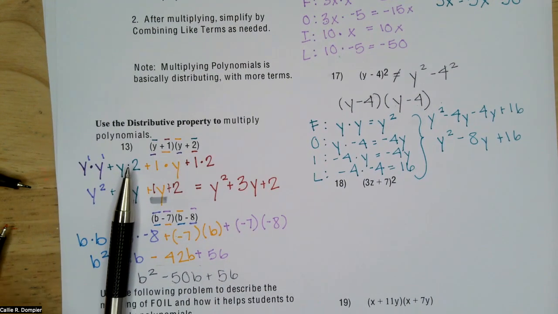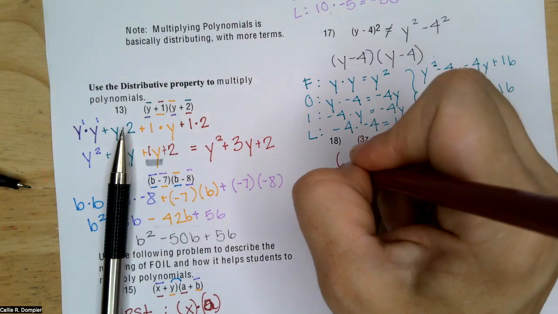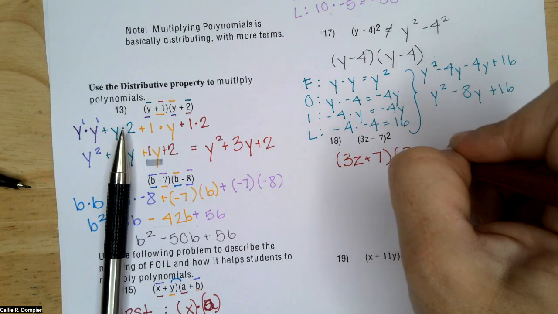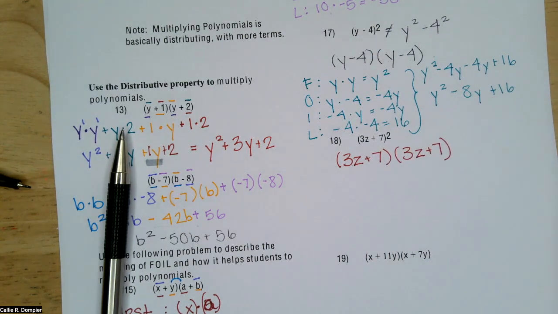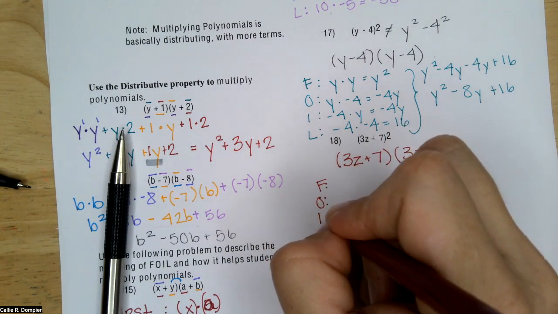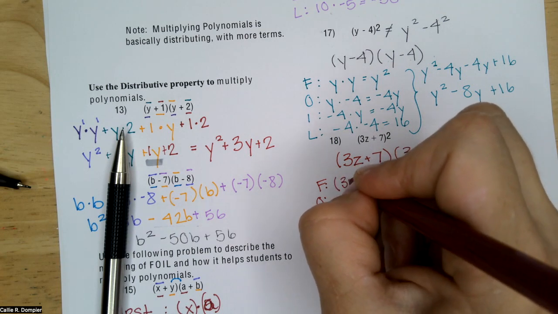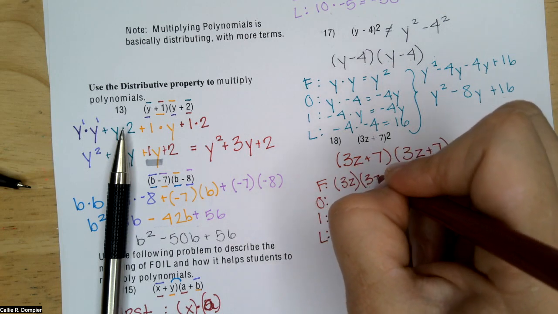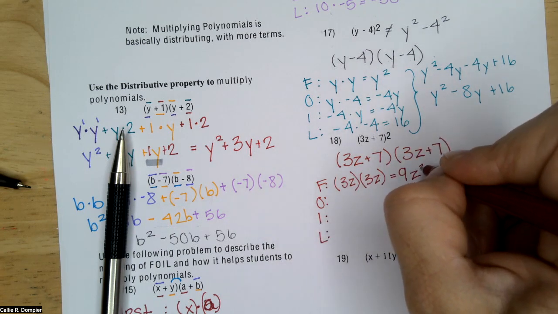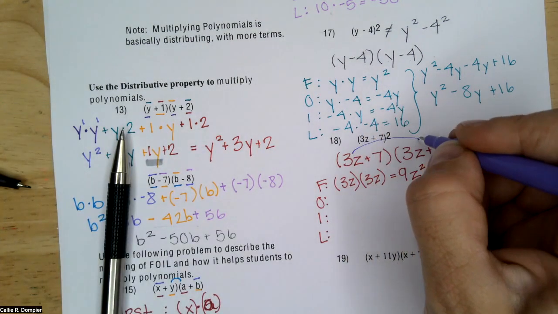Good? All right, let's try it again. 3z plus 7 squared is 3z plus 7 times 3z plus 7. First, we have 3z times 3z. 3 times 3 is 9, z times z is z squared. Outside, 3z times 7.